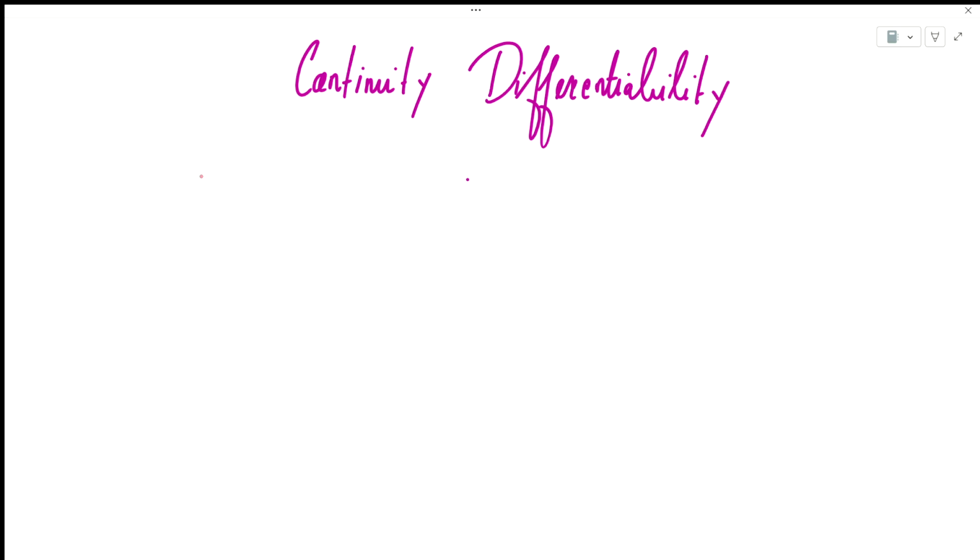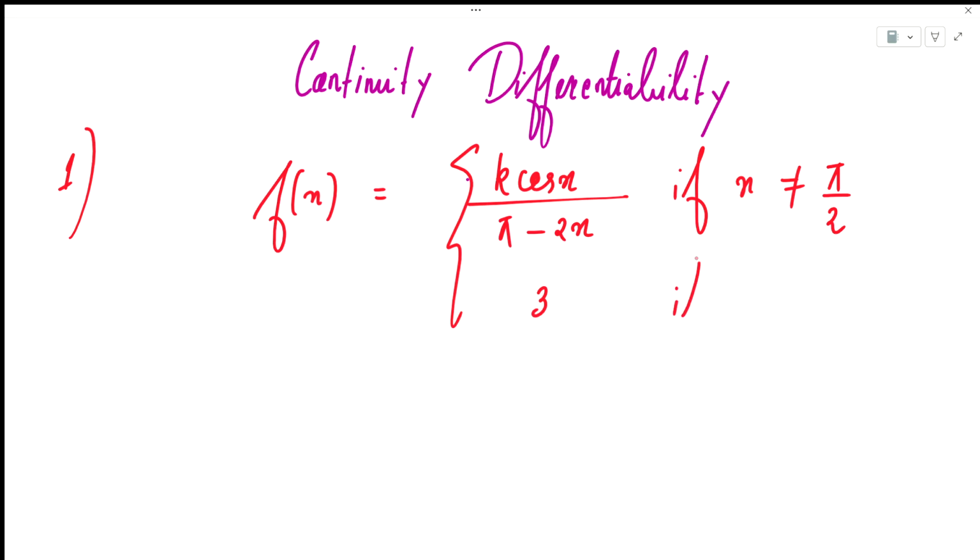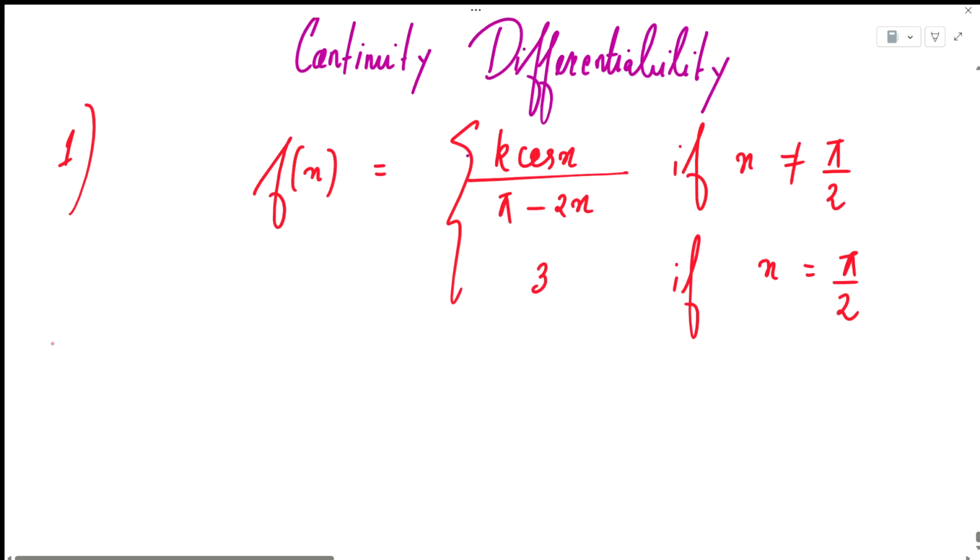So the first question I have selected is: f of x is equal to k cos x divided by pi minus 2x if x is not equal to pi by 2, and 3 if x is equal to pi by 2. We are given that f of x is continuous at pi by 2. We are to find the value of k.